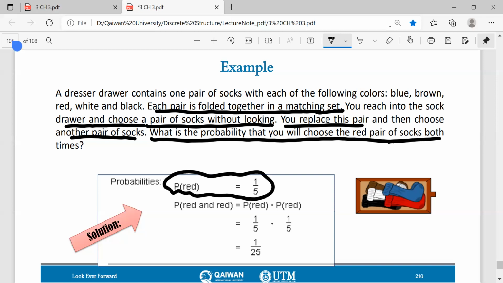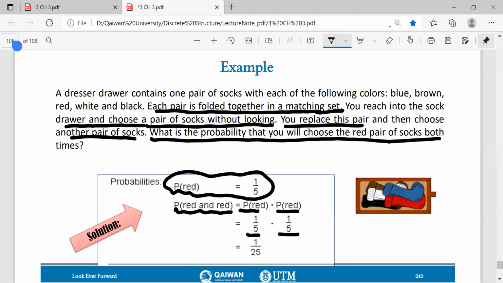We return it. Since we returned it, it's the same for the second time. That means the probability of red and red, the first and second time both being red, is the probability of red times the probability of red. It equals 1/5 times 1/5, which is 1/25.